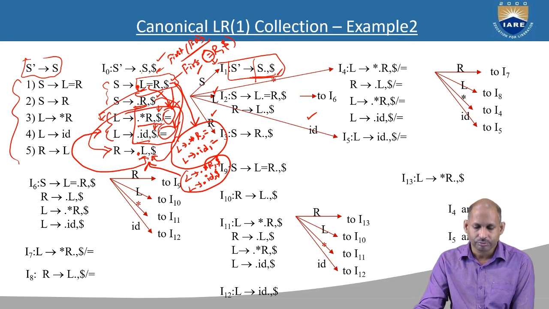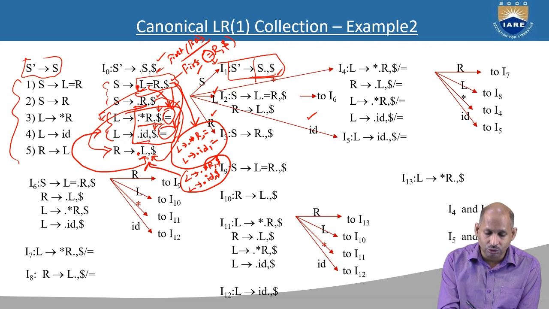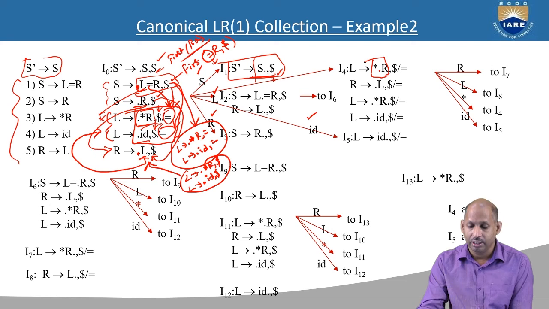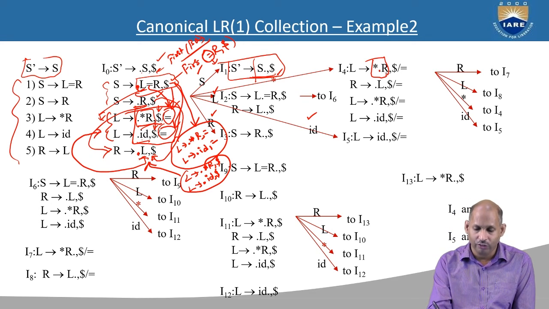Next, on multiplication, it is dot multiplication R becoming multiplication dot R. Then R followed by dot followed by R, so we are adding R production.